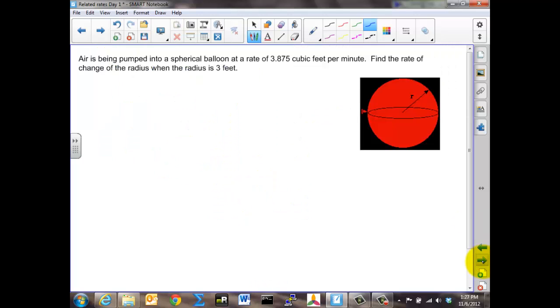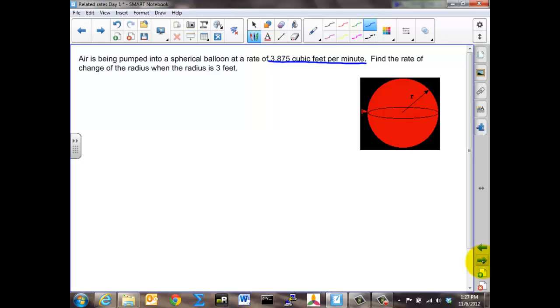Air is being pumped into a spherical balloon at a rate of 3.875 cubic feet per minute. Find the rate of change of the radius when the radius is 3 feet. Somebody tell me something we know.